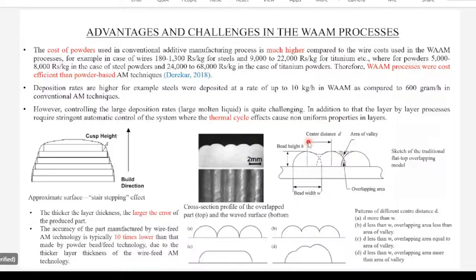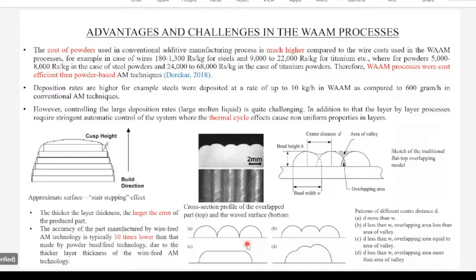So D should be less than W, and the overlapping area should be equal to the area of valley. These two areas should be equal, then only can we get this kind of structure. Otherwise, these defects are not permissible. We have to get very good bead aesthetics, because this is just one layer adjacent to it. And again, we have to make a three-bead structure, and then over and over we have to build this in the building direction. Then only can we fabricate a multi-wall cube or cuboid.